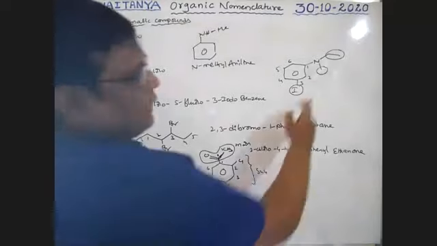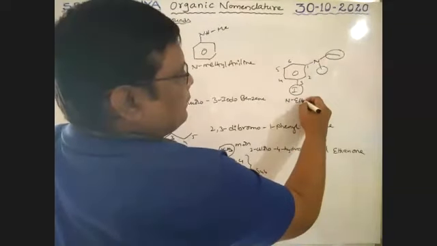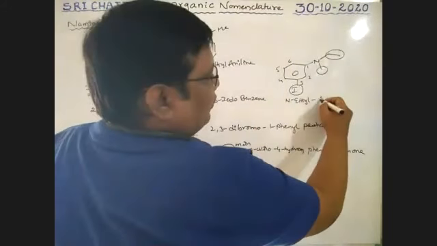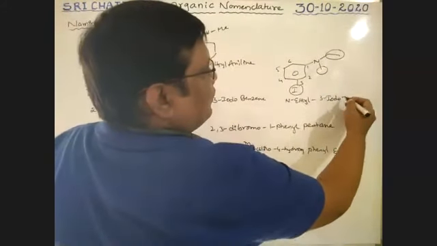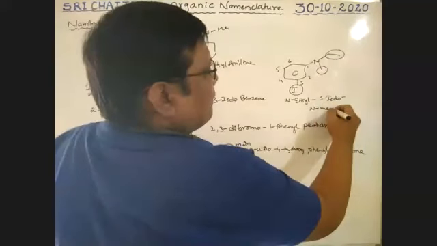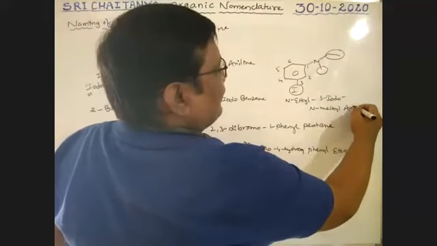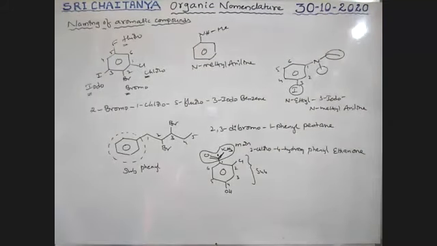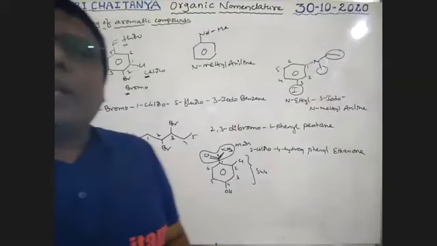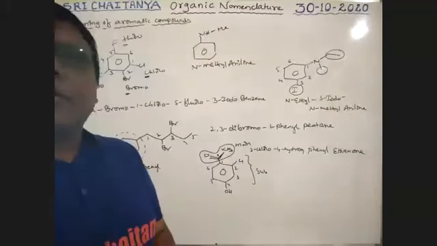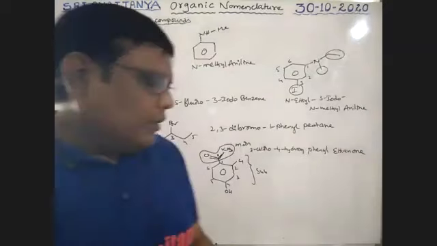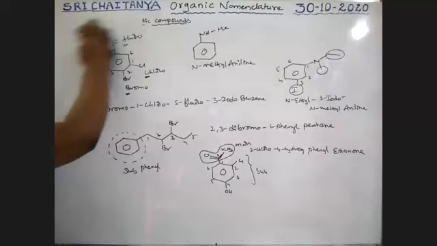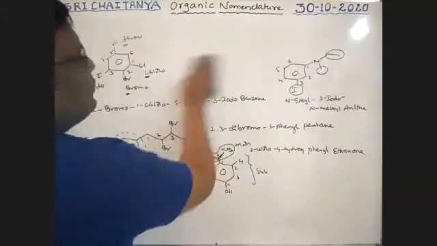Therefore, N-ethyl, 3-iodo, N-methyl aniline. This is the name of these compounds. So like this, you should write the names of these compounds. Okay. Next one. Boys, these are all very, very important.